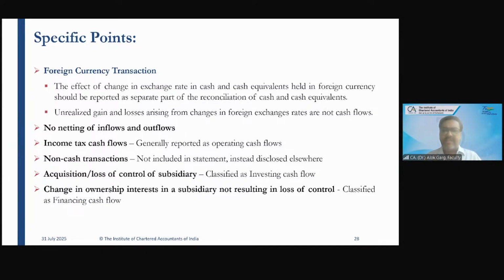So it will be an investing activity. It will not be a financing activity when the company is investing. No, no. See, what I'm saying is, if the subsidiary is fully controlled by the parent company, then it will be treated as a financing activity. The reason is that the full control is with the parent company.